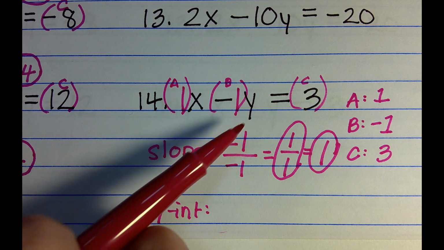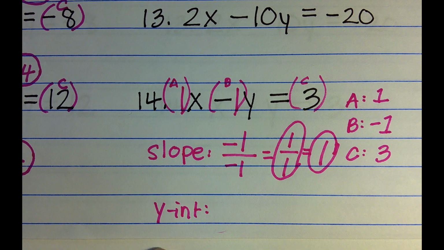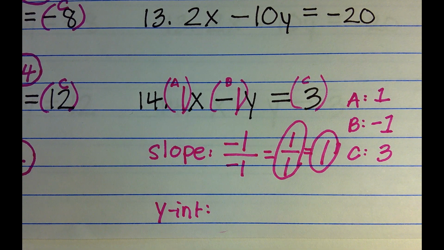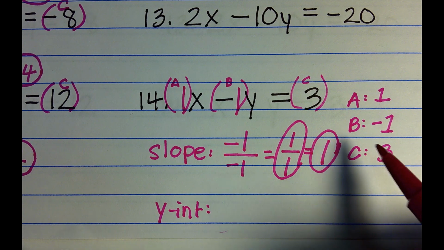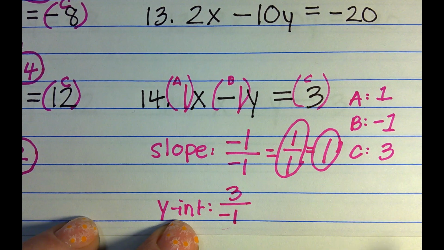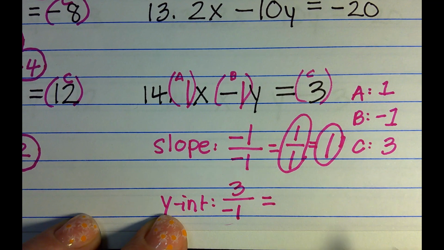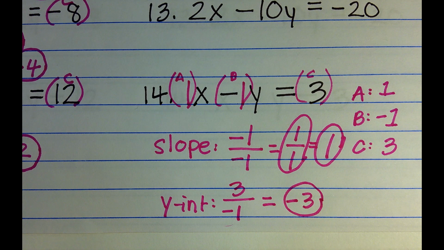Well, it's negative Y, so negative 1. Okay. What's our y-intercept for this one? We've got C over B, 3 over negative 1. 3 divided by negative 1 gives us negative 3. There you go.